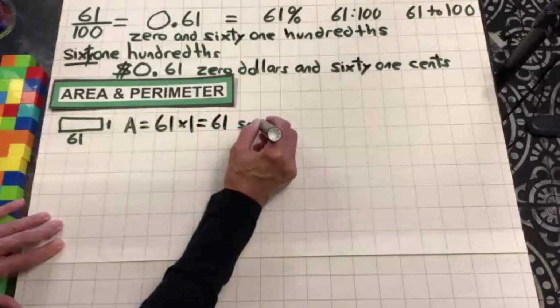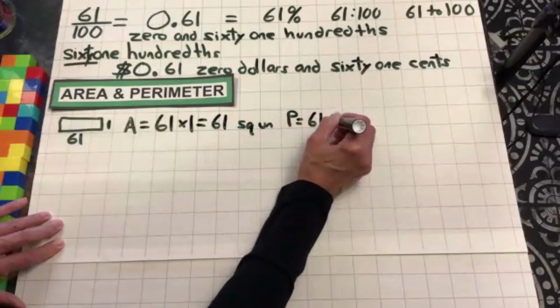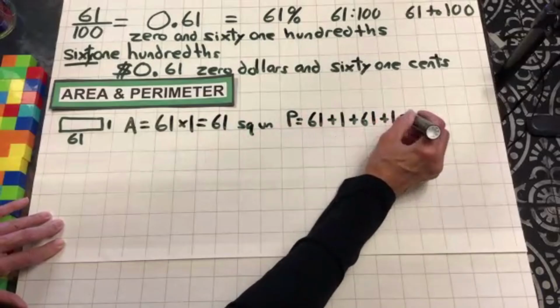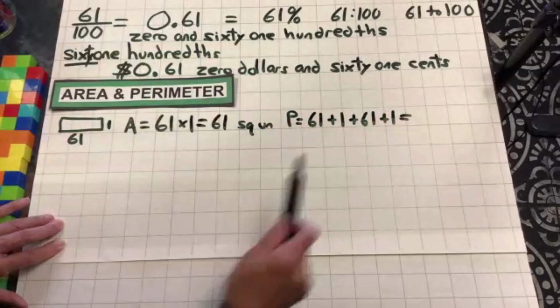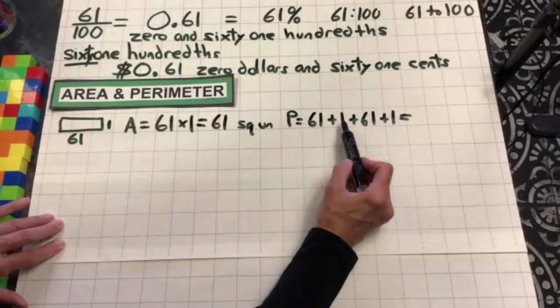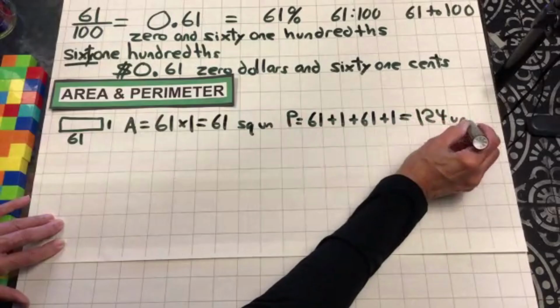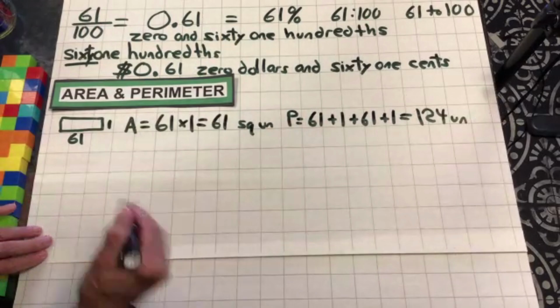And since we're talking area, it is square units. Our perimeter would be 61 plus 1 plus 61 plus 1 equals, and we know from up here at the top, 2 61s is 122 plus these two, so it would be 124 units. Linear is just units. All right, we're looking good there.